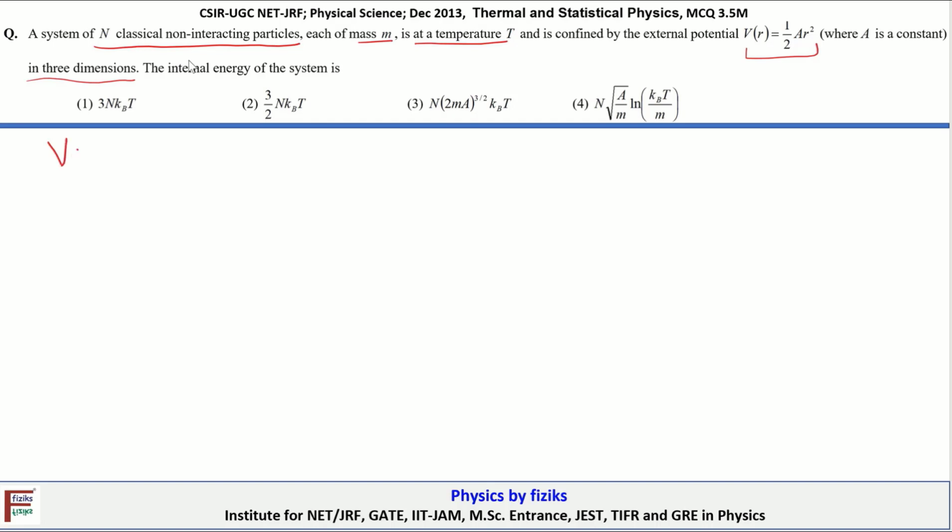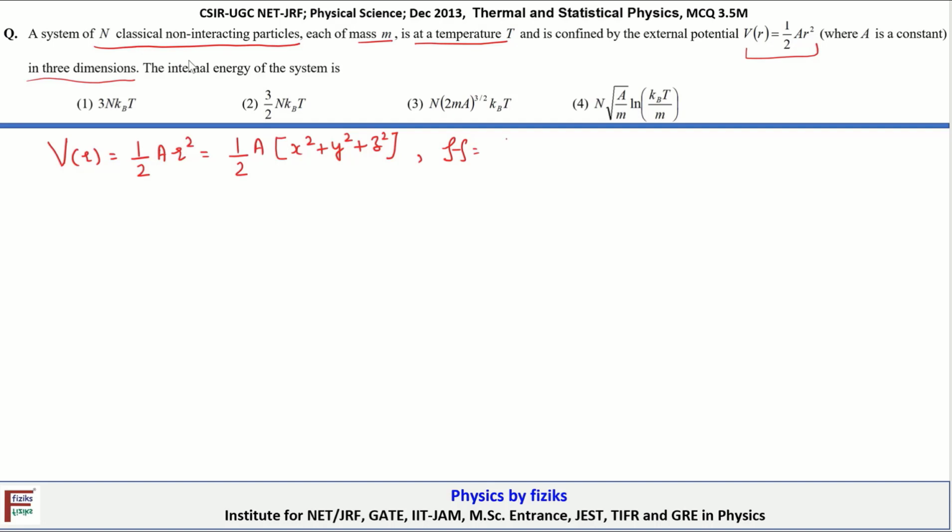The information given to us is the potential in which they are confined. They are subjected to the potential V(r) equal to 1 by 2 A r square. In 3 dimensions this can be written as 1 by 2 A, a constant, times x square plus y square plus z square. Now the Hamiltonian for one single particle is the sum of the kinetic energy and the potential energy.